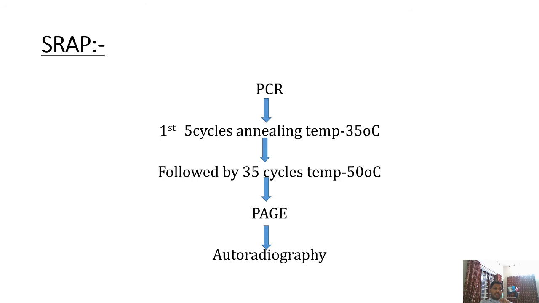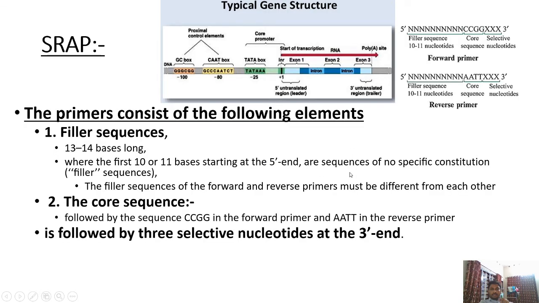Coming to the PCR reaction, we have to carry out the PCR reactions in such a way that for the first few cycles, we bring the annealing temperature down to around 35 degrees Celsius, and after that you can increase it up to 50 degrees Celsius. You know why? We can go back to the previous picture here.